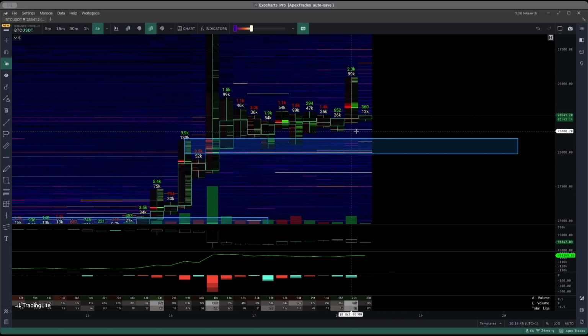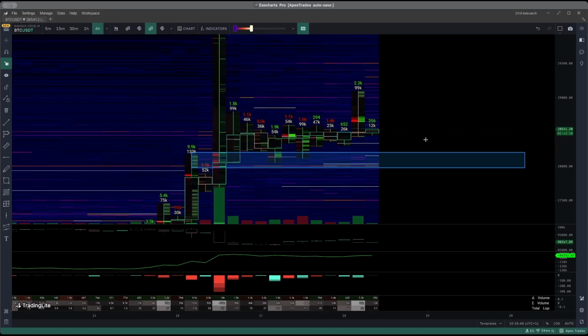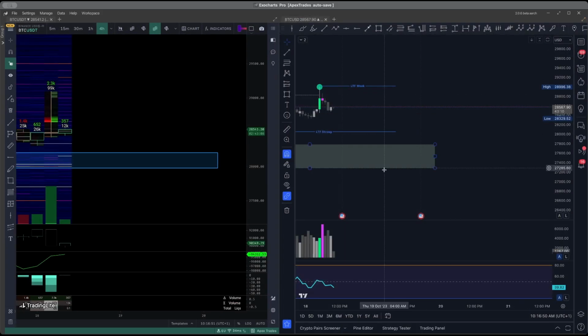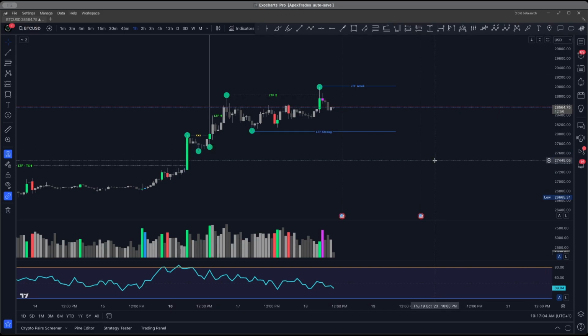Now, because I'm expecting price to continue up market structure wise, right? What I mean by that is, if I go, that's the low, we're on the lower time frame at the moment, right?